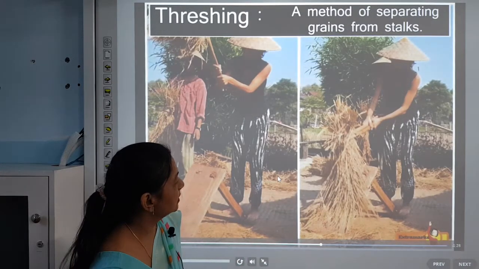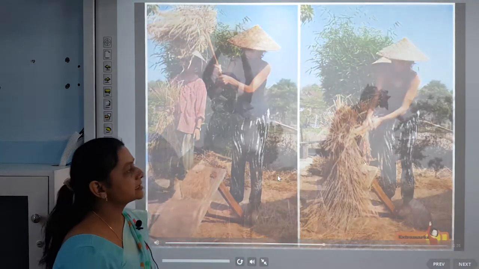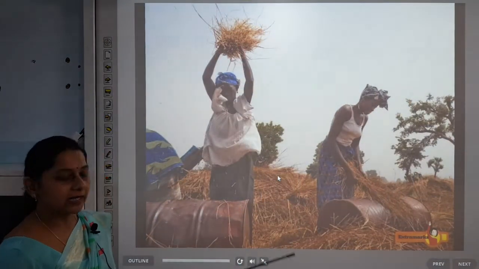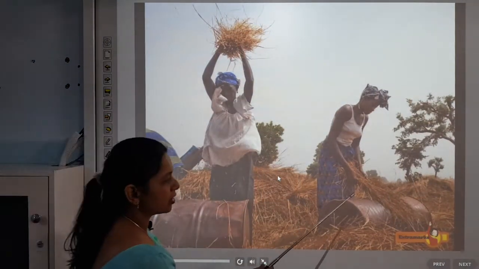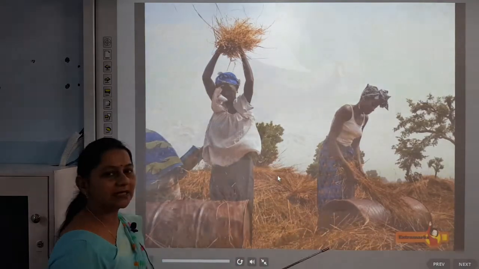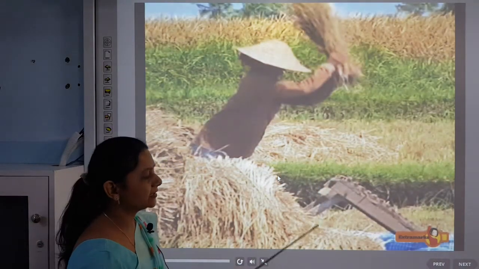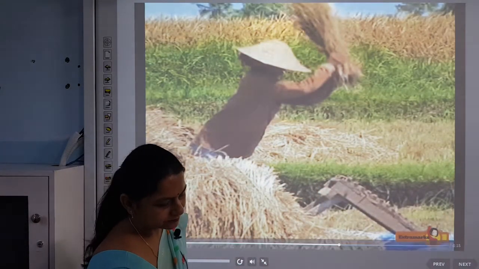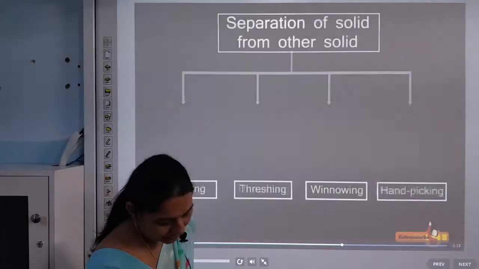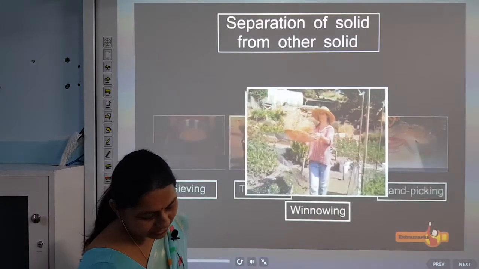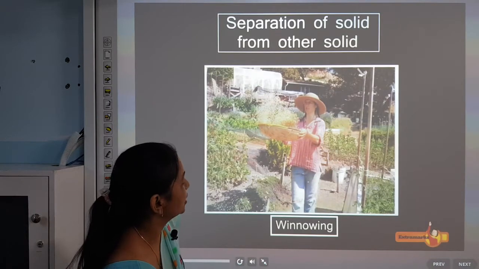So, threshing is done to separate the grains from the stalks, and this is usually done after harvesting the crops. This is given on page number 63, students, threshing.